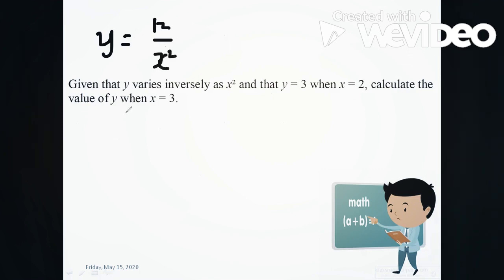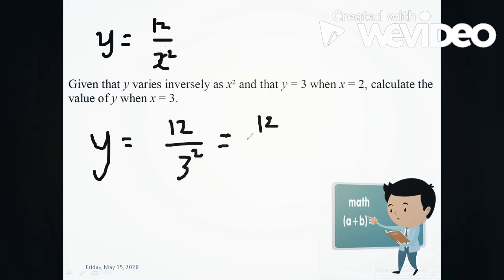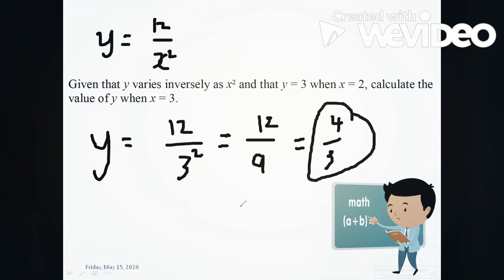It says find the value of y when x is equal to 3. So y is equal to 12 over 3 squared. 3 squared is 9, and we can reduce that to 4 over 3. So that's our answer, 4 over 3. So that's math.